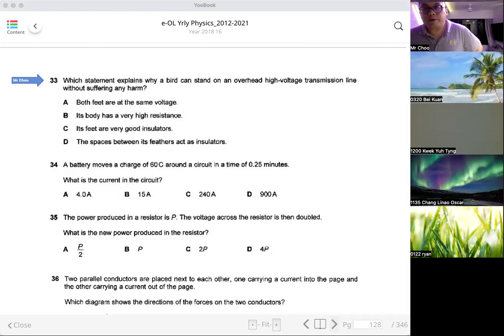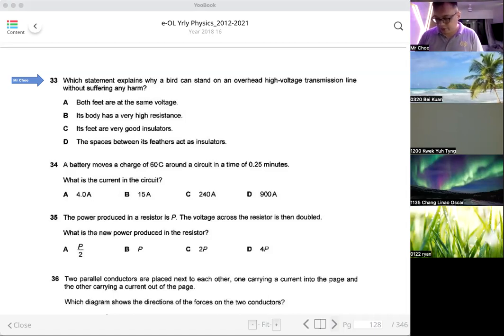Yiting, correct. Hao Rui, correct. Bei Guan, correct. Qiao Xing, your leg is also an insulator. So do you think I should ask you to go and step onto the high voltage transmission line? Ryan, well done.